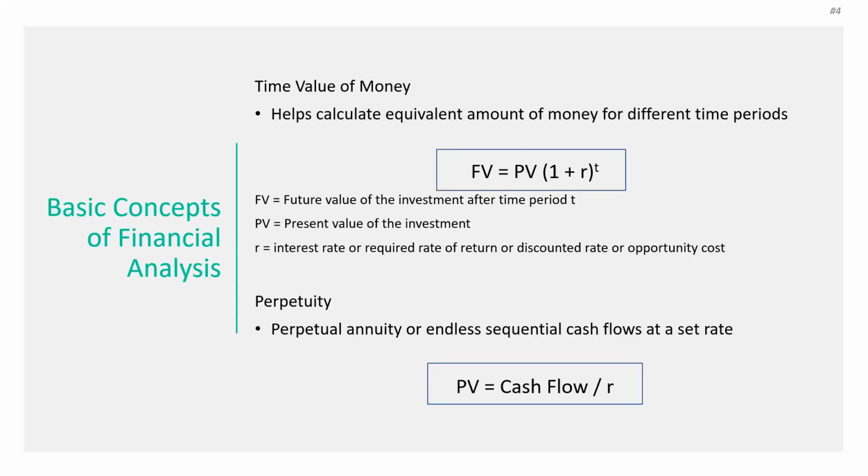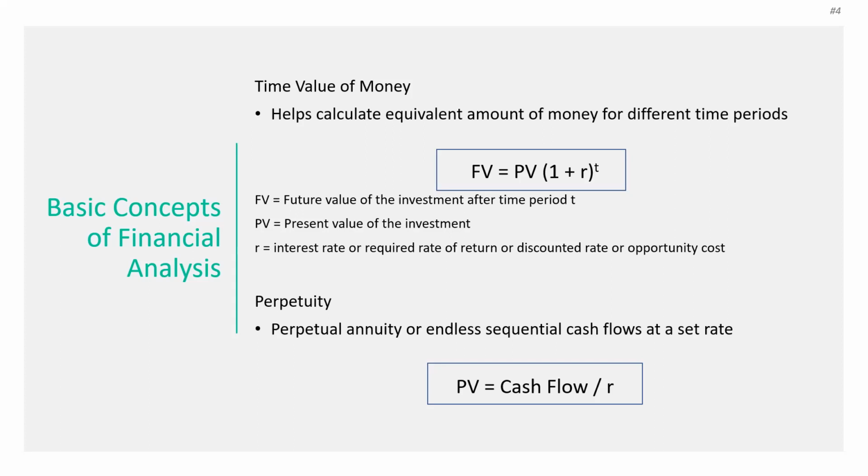Before we get onto the discounted cash flow valuation model, let's do a quick recap on the basic concepts of financial analysis. One of the main concepts in doing the discounted cash flow method is the time value of money.